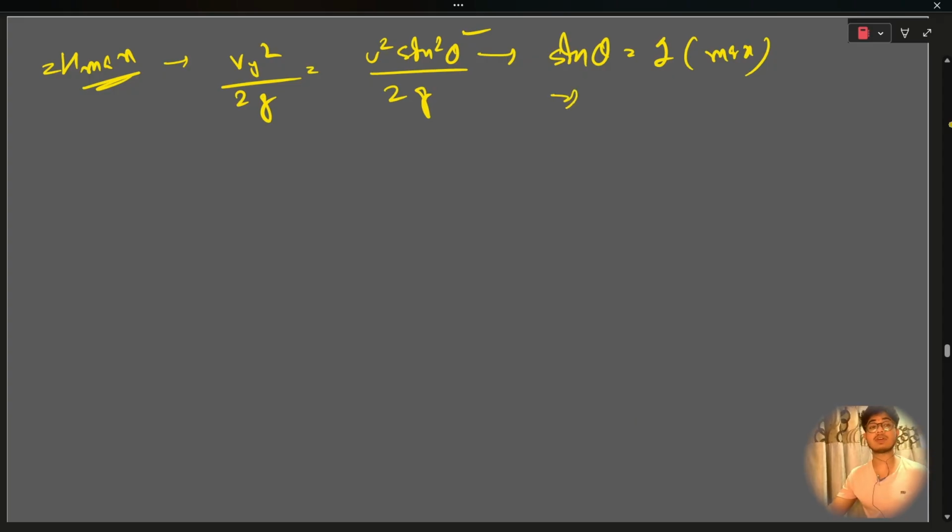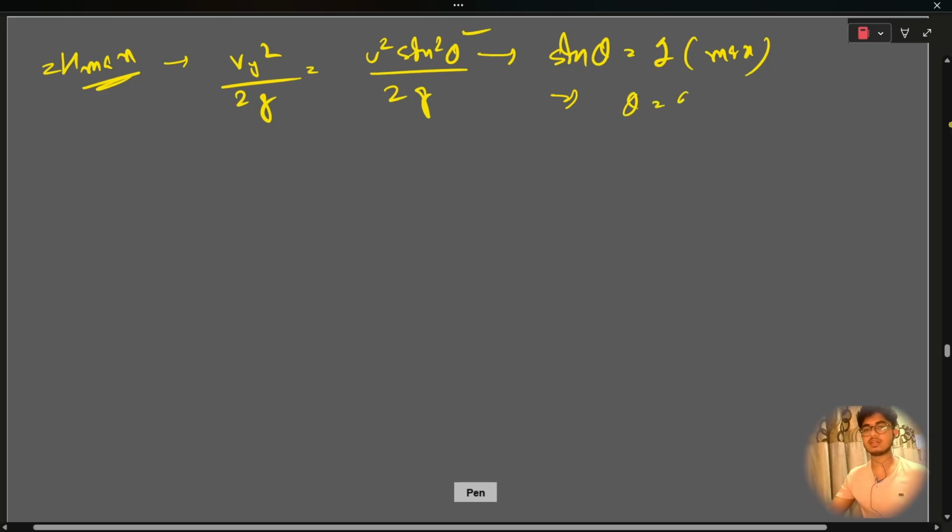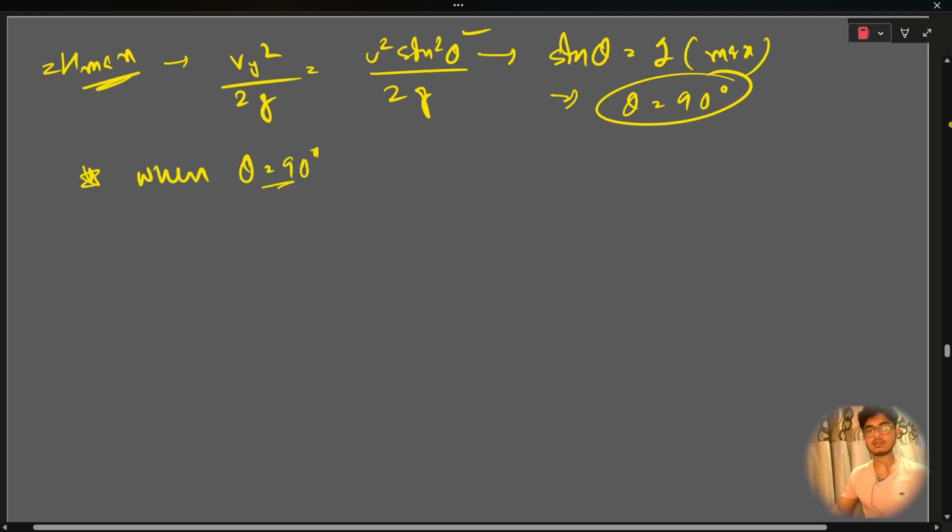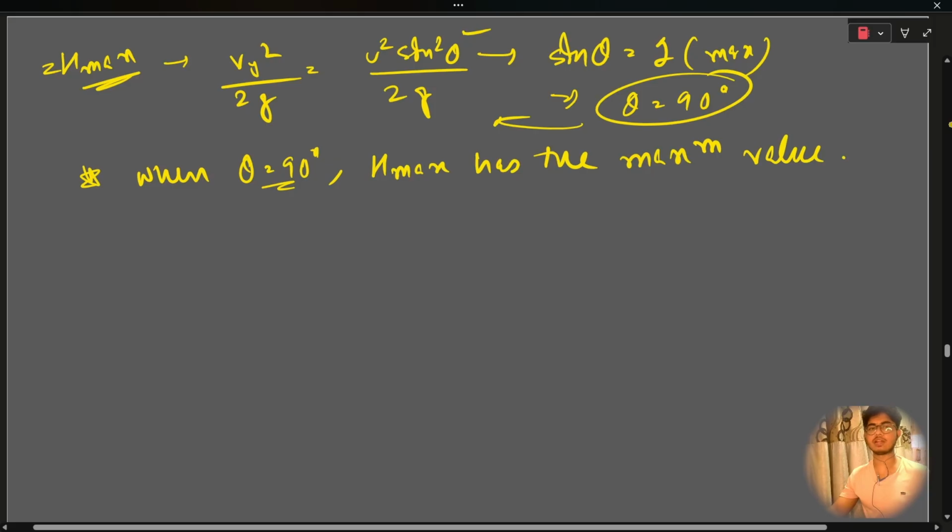Okay, the maximum value of height comes. So this is also the same case, theta equal to 90. So here also, when theta equal to 90, H max has the maximum value. Just like the previous time of flight. This also follows a relationship like this. 90 degrees with the horizontal.